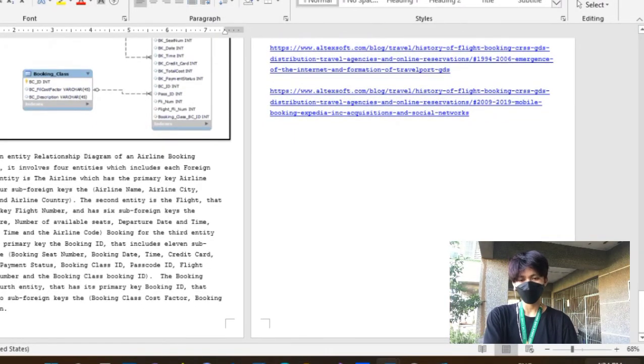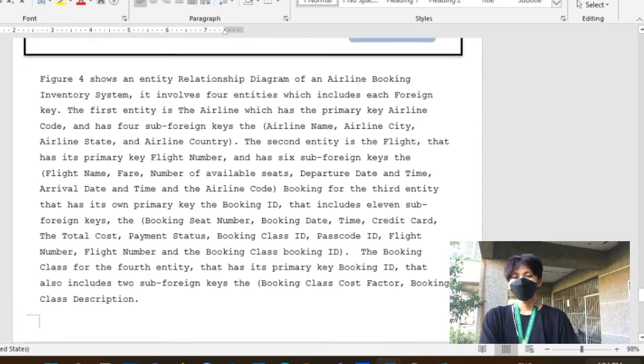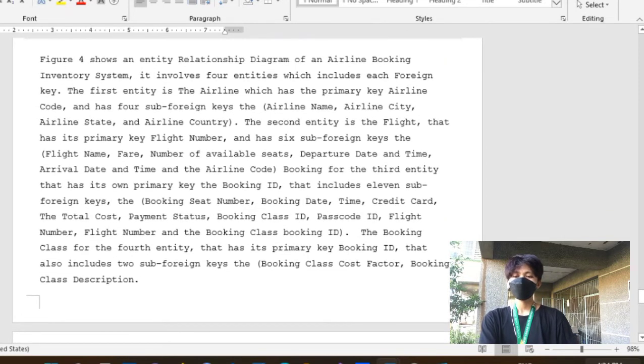The second entity is the flight that has its primary key, the flight number, and has 6 sub-foreign keys: the flight name, the fare, number of available seats, departure date and time, arrival date and time, and the airline code.